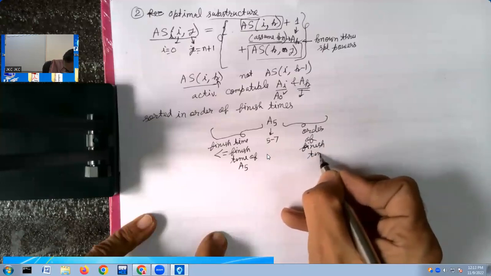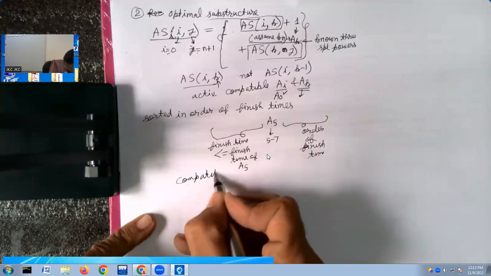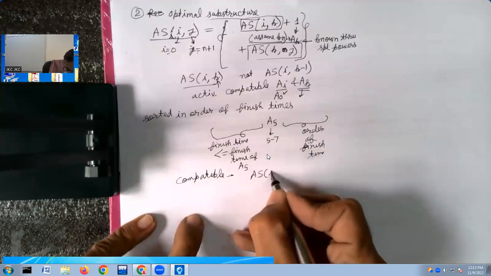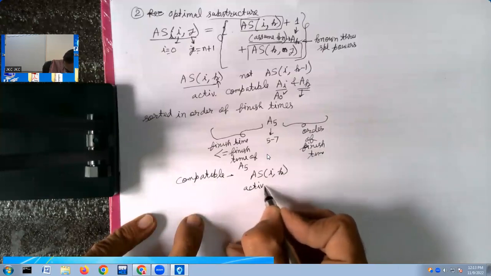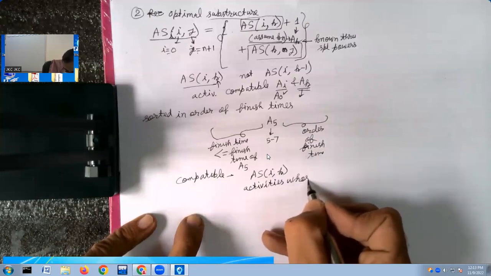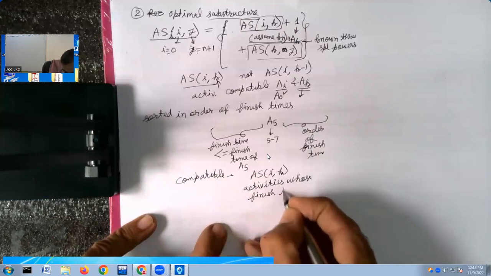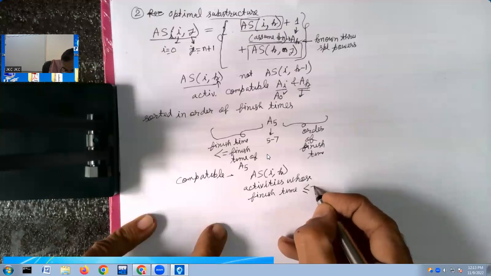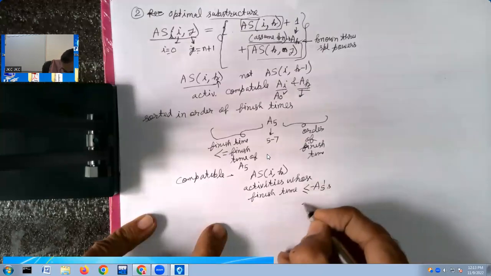Now I say compatible will mean only to check that AS ik means activities whose finish time is less than or equal to A5's start time.